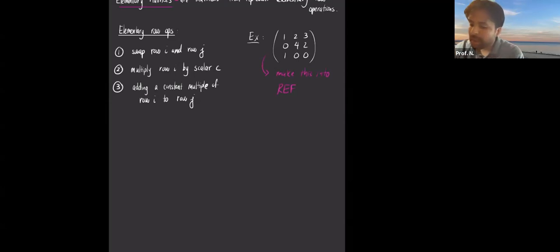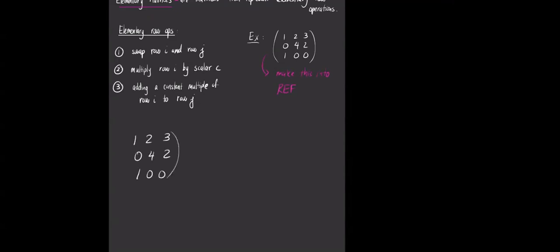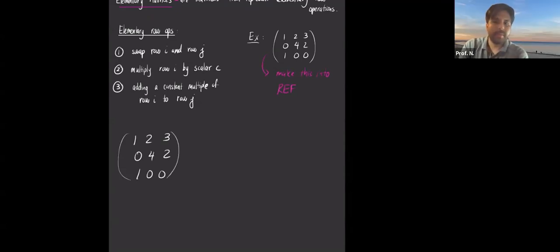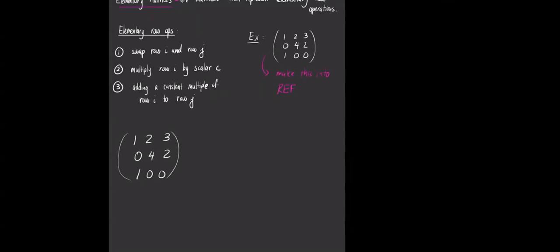Okay, so what's the first thing you would do with this? Get that middle row to have the 4 be a 1?